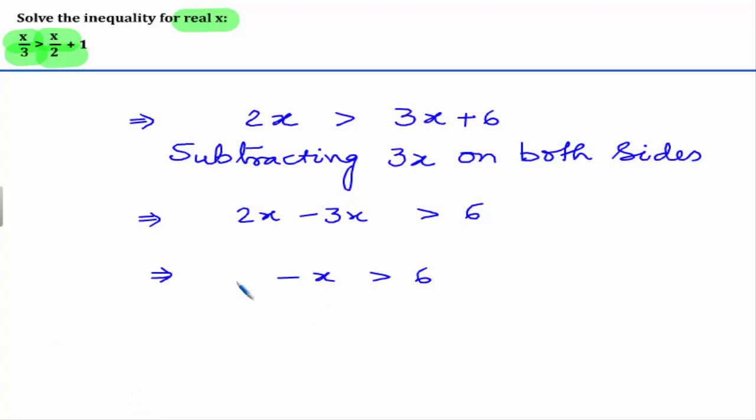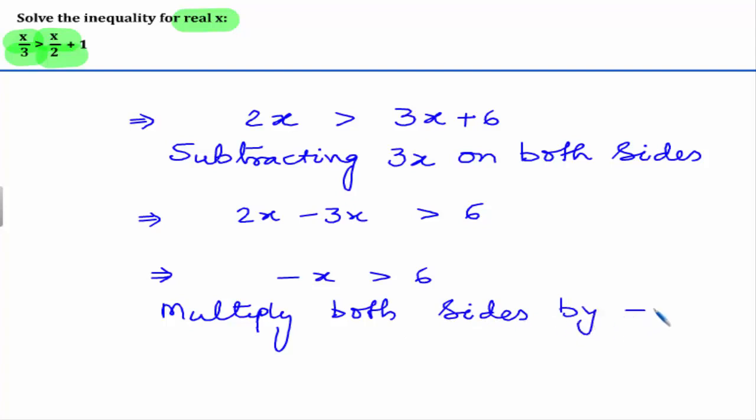Now to get the value of x, we have to multiply both sides by minus 1. This will give us minus 1 into minus x is x, and on the right hand side we get minus 6. And when you are multiplying the inequality on both sides with a negative number, then the symbol changes.